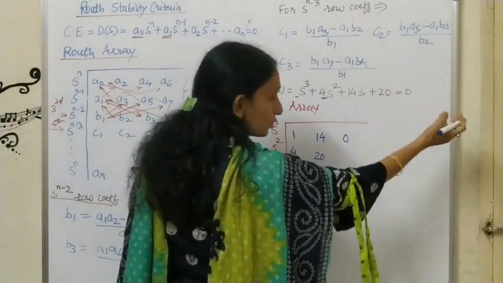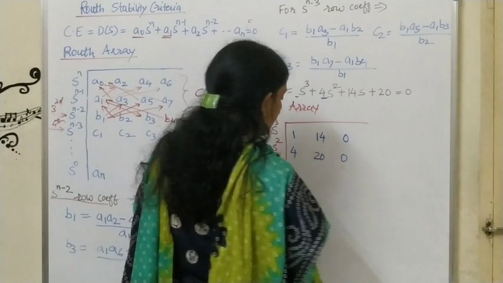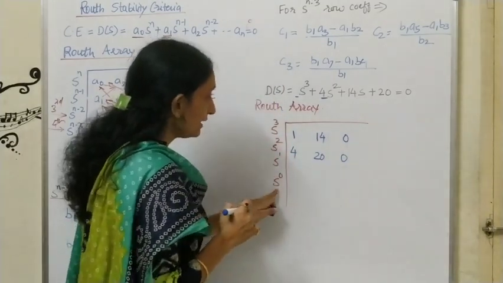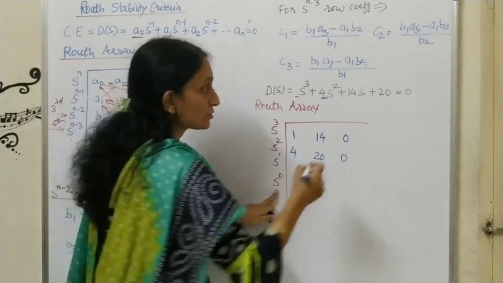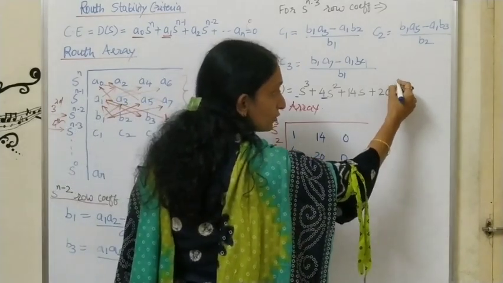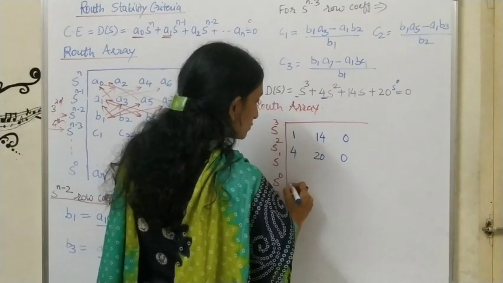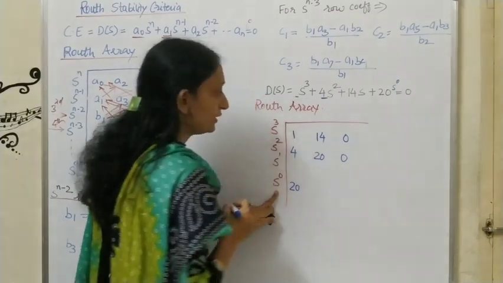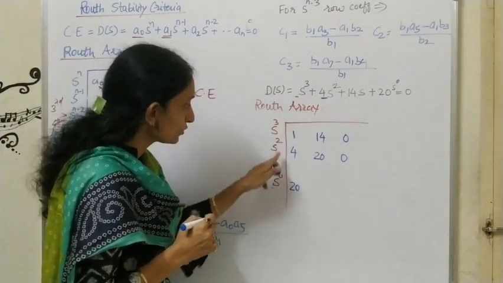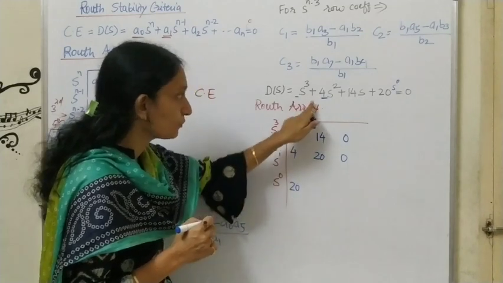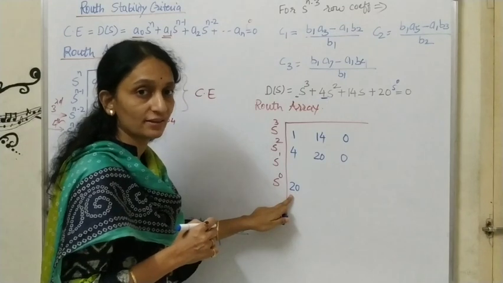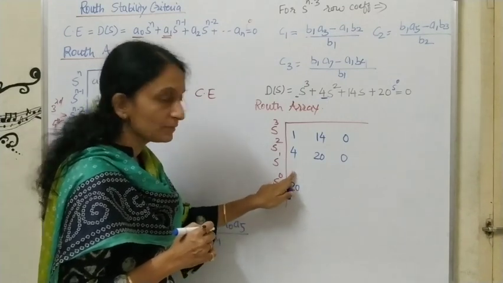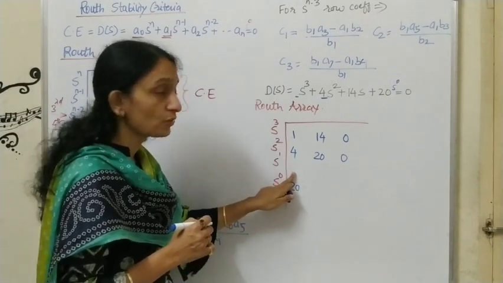After 20 there is no term, so you put 0. For the last row, s raised to power 0, the coefficient is 20. So the first two rows and the last row we obtained from the characteristic equation. The intermediate row we need to get using the formula.